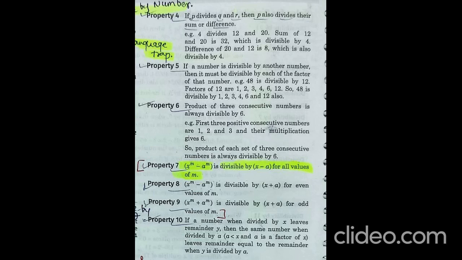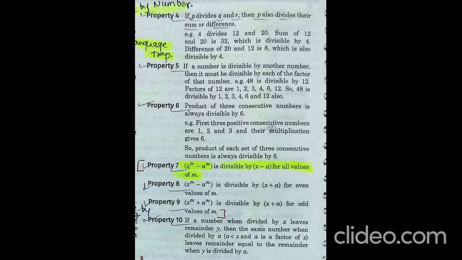Now the most important property, that is x to the power m minus a to the power m is divisible by x minus a for all values of m. So remember this thing, x is a base, a is a base, but the power index m is the same. x and a are different numbers, m is the power, and it is the same.